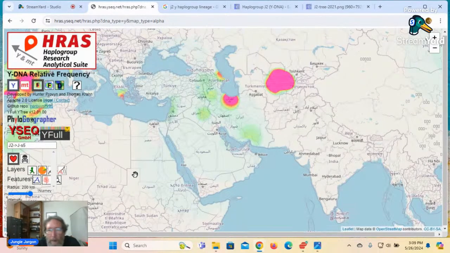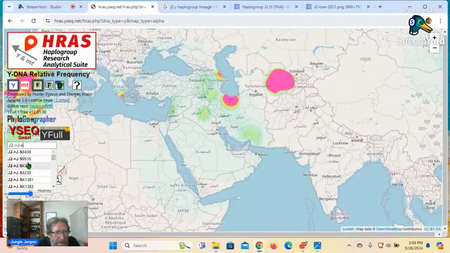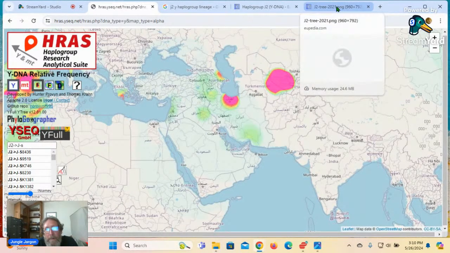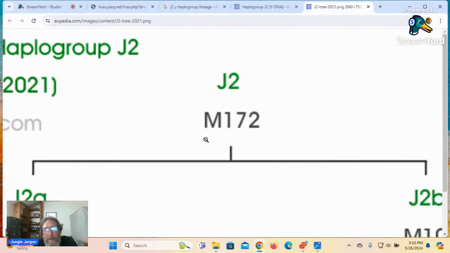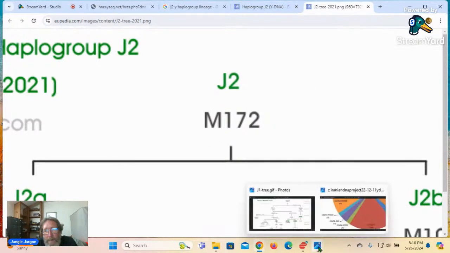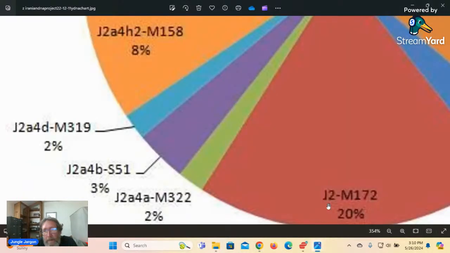Anyways, as you can see, there's a lot of separate lineages that can be investigated and studied. Most of them are lineages that branch off. But just to show you that J2, M172 is not the only lineage there is. It's not the only one. There's M322, huge population. S51, good percentage. Well, it's 3 and 2%, but still.